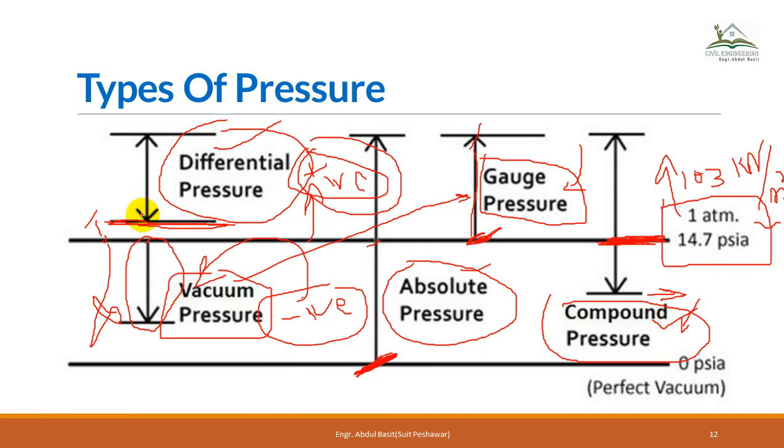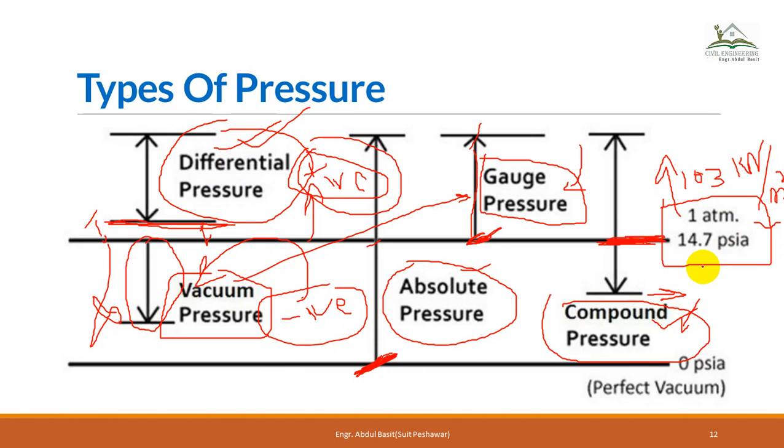That is the pressure measured relative to a datum line other than atmospheric pressure and absolute zero, but greater than atmospheric pressure. Then it is called differential pressure.